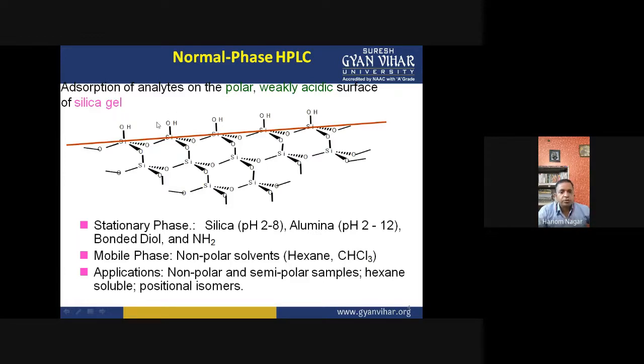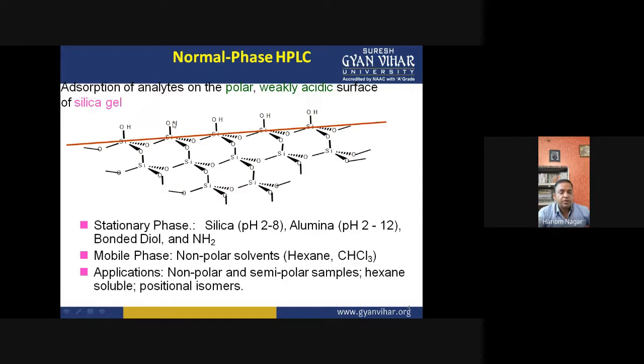Oxygen has higher electronegativity than hydrogen, so by attracting the shared electron density between oxygen and hydrogen towards itself, it has the tendency to release hydrogen in the form of an H plus ion.